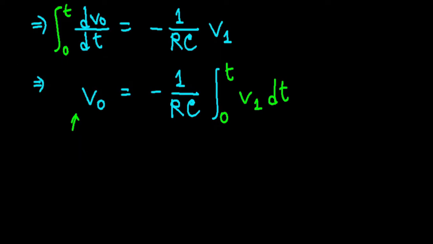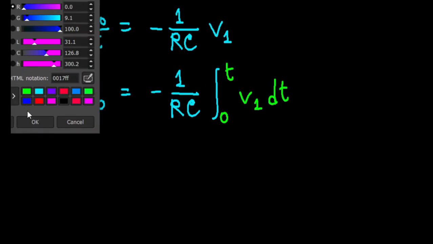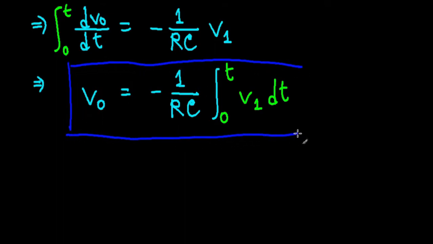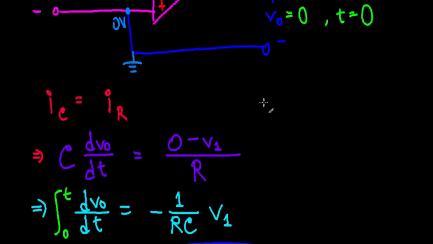Anyways, this is my result. This is the formula for my integrating amplifier. My output voltage is equal to negative 1 by RC times the integral from 0 to t of your supply voltage.